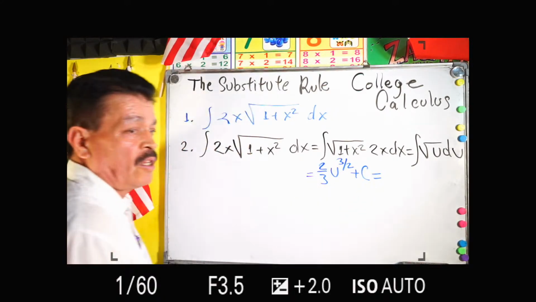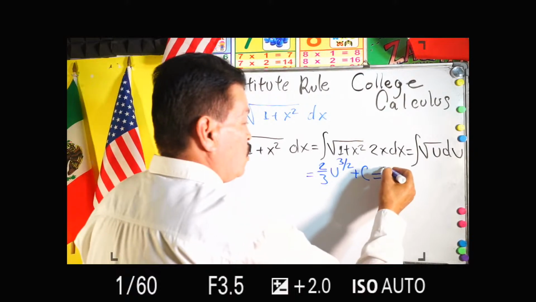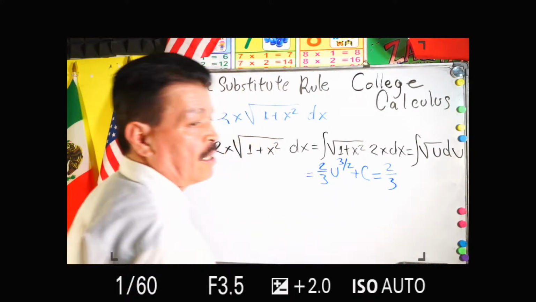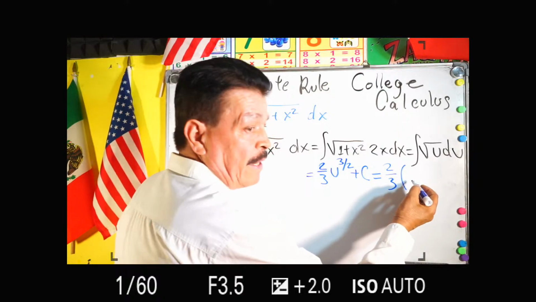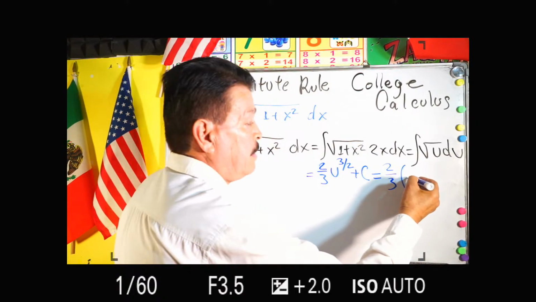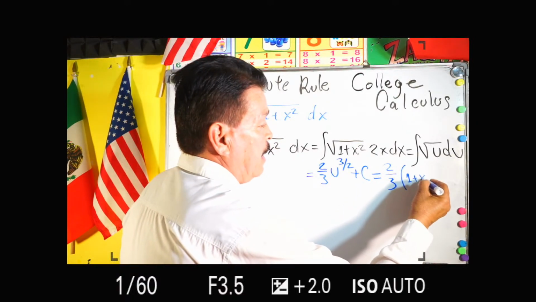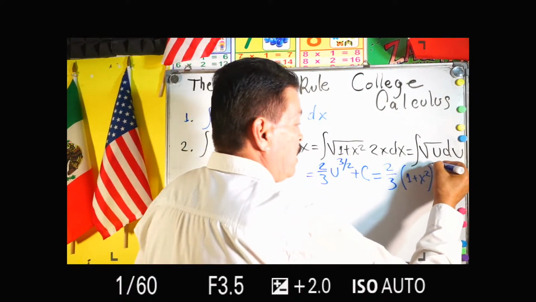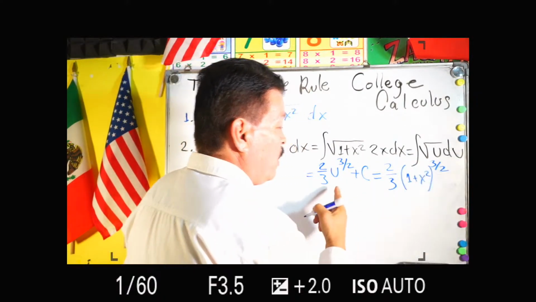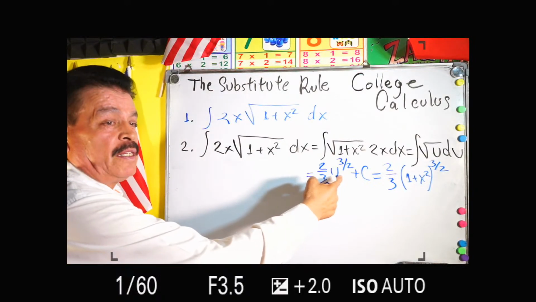Now this equals 2/3 of 1 plus x to the second power, to the 3/2 power, plus c.